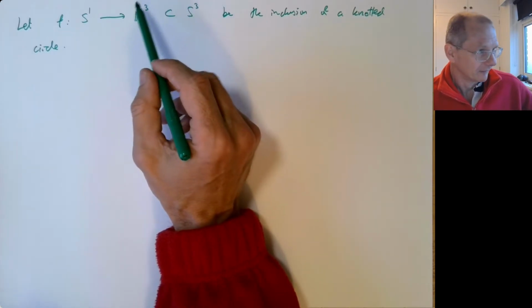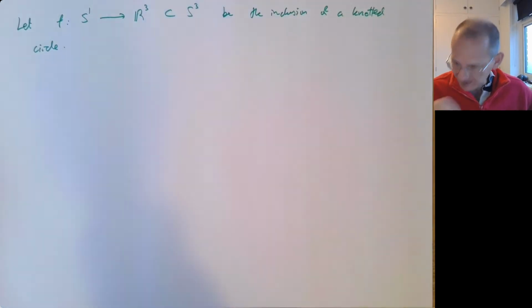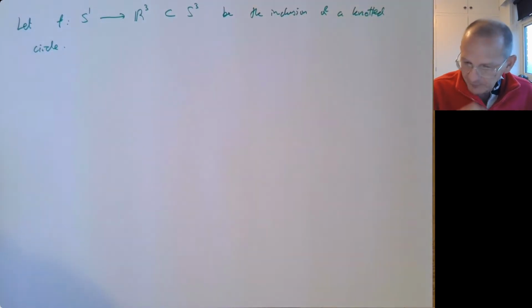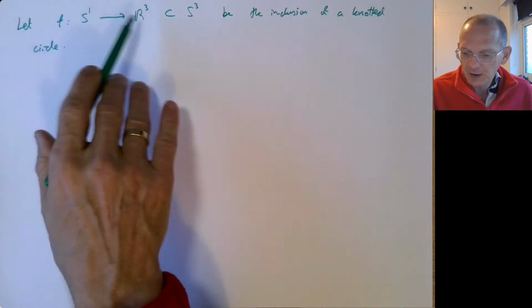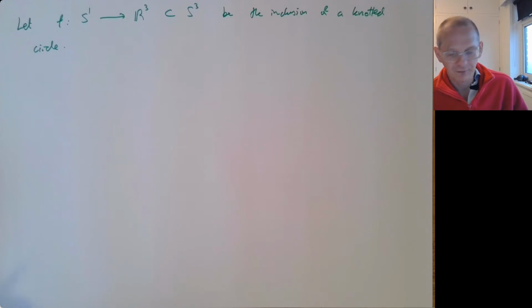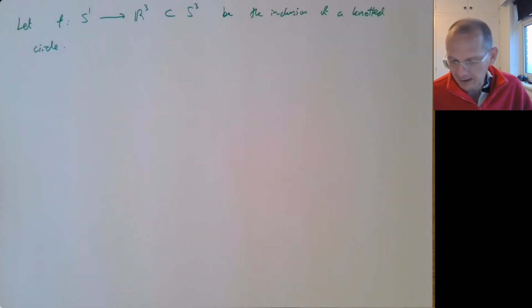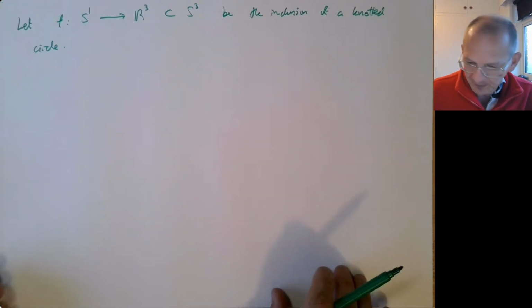So throughout this section we're often going to consider R^n as being a subspace of S^n like that. So here we're thinking of S^1 in R^3, so that's a circle, but we're going to consider, for example, a knotted circle. So you have a trefoil knot or any other kind of knots that occur in the knots and surfaces course or anything like that.